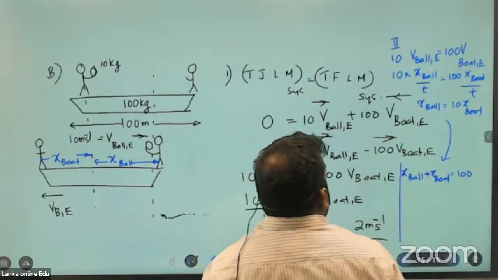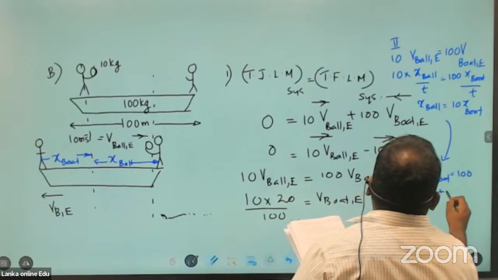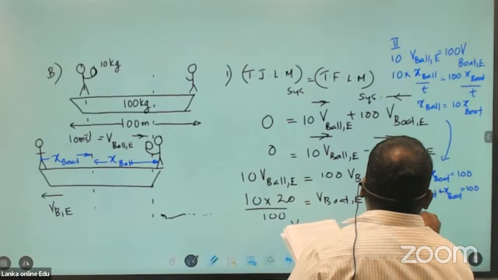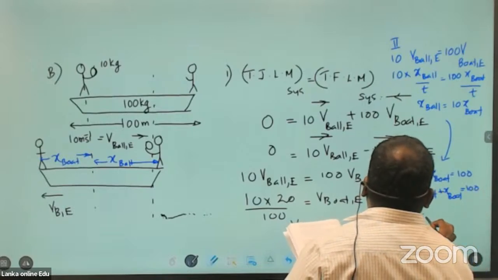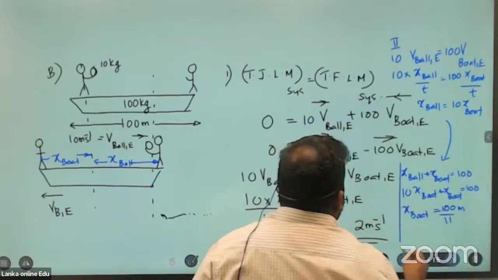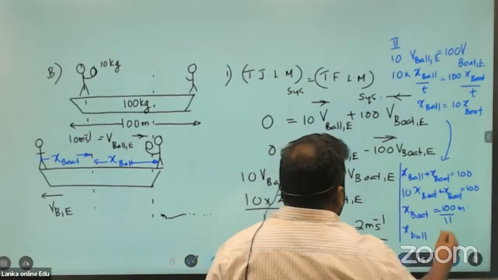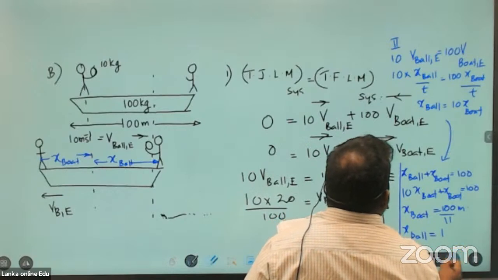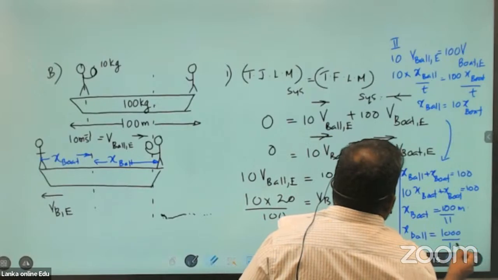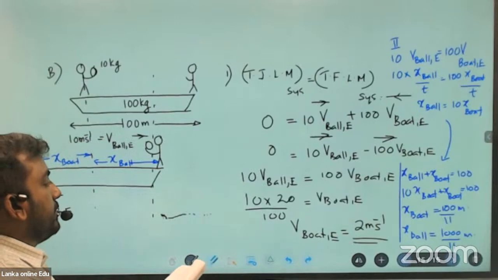Time taken to catch the ball. 10 times displacement of boat plus displacement of boat is 100. Displacement of boat is equal to 100 divided by 11 meters. Displacement of ball is 10 times that, 1000 divided by 11 meters.